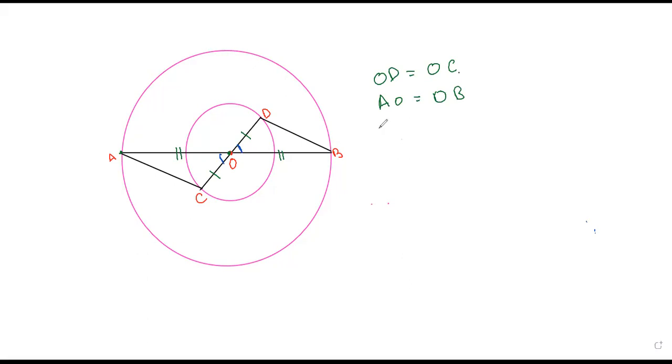So AOC is equal to DOB. So what is this? Side, angle, side, right? Two sides are equal and the angle between those two sides is same. That is why ACO is congruent to ODB. So ACO is congruent to ODB, right?